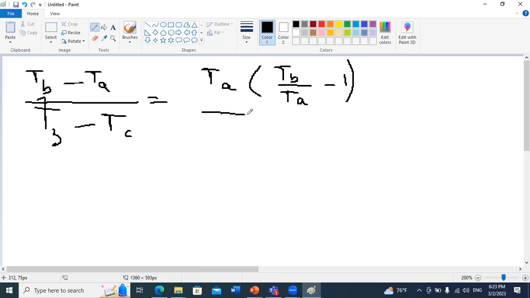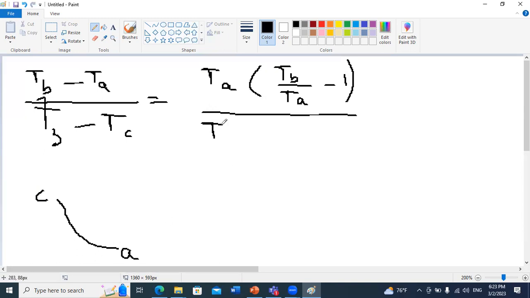over. Now, the first phase is from A to C, and I want to find the ratio of TC over TA. I can take TC as a factor in the denominator.